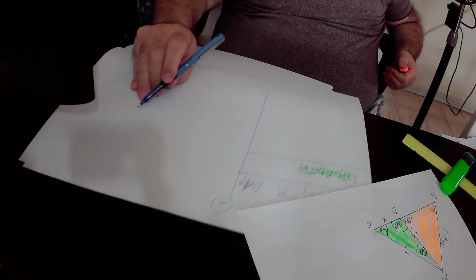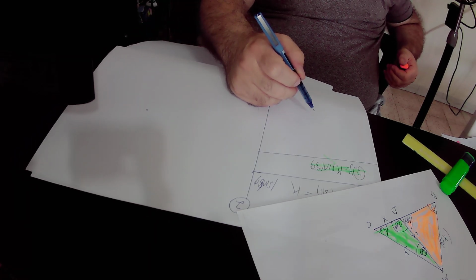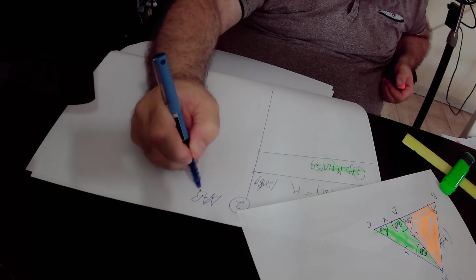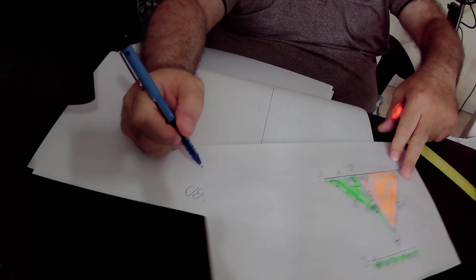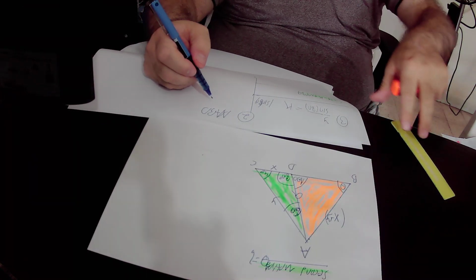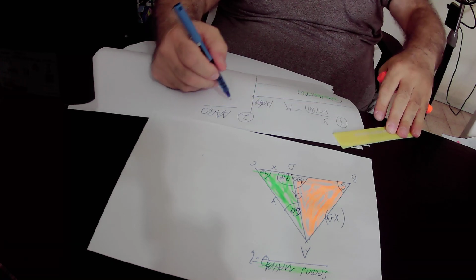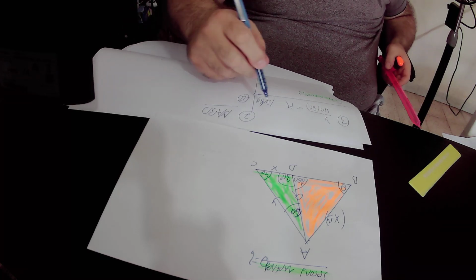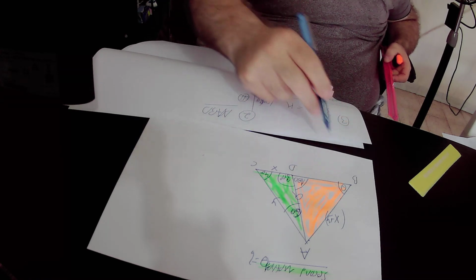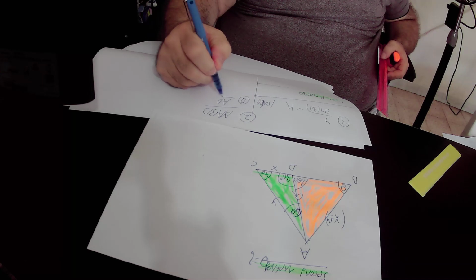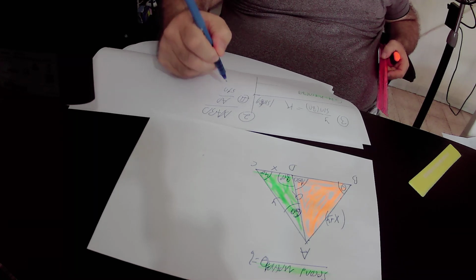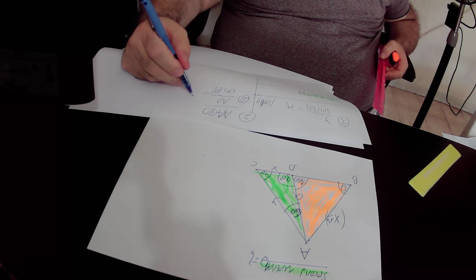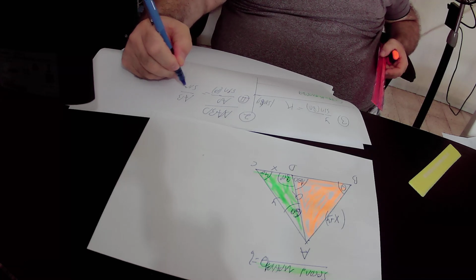So in the orange triangle ABD, according to the law of sines, AD over sine theta equals AB over sine 100 degrees.